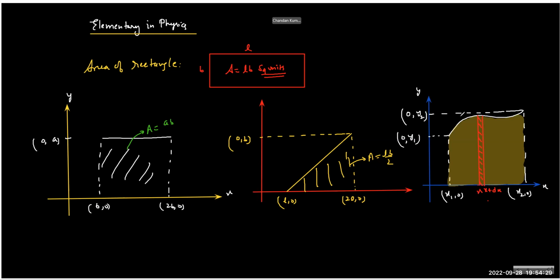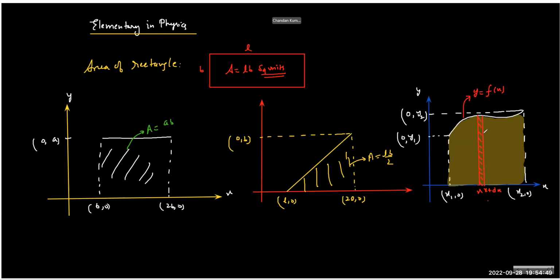Now to find the height, we need to know the function, so how y is changing with respect to x. I need to know the height as a function of x. So y equals f(x) is representing the height of the rectangle.